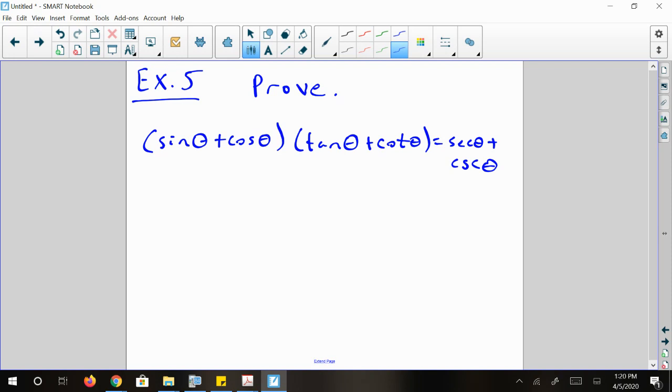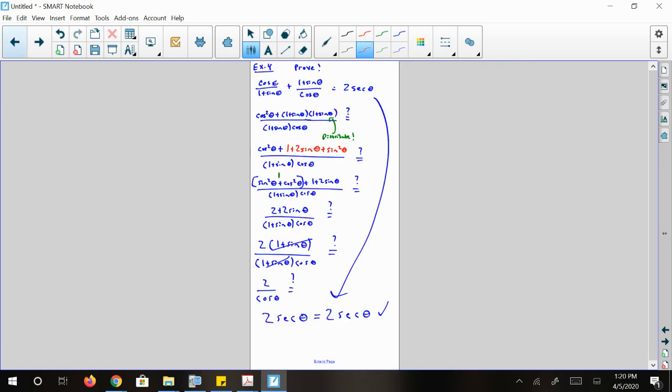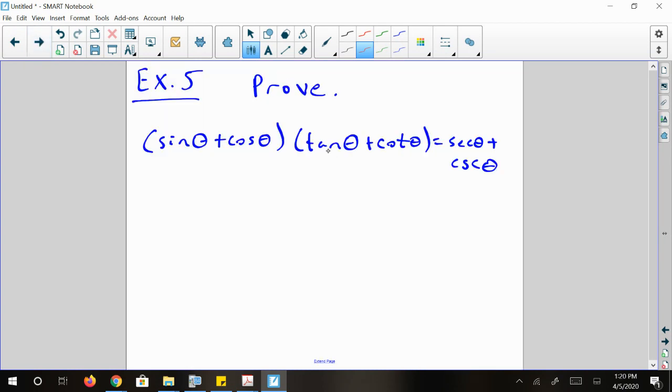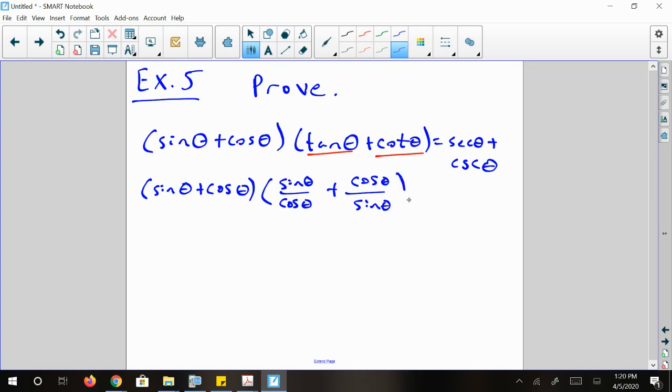Okay, so as I mentioned, I think it was 2 problems ago, anytime you see a tangent or a cotangent, go ahead and change it into sines and cosines. So first thing that I'm going to do here is keep this first set of parentheses the same, but rewrite tangent as sine of theta over cosine of theta, and cotangent I'll rewrite as cosine of theta divided by sine of theta.